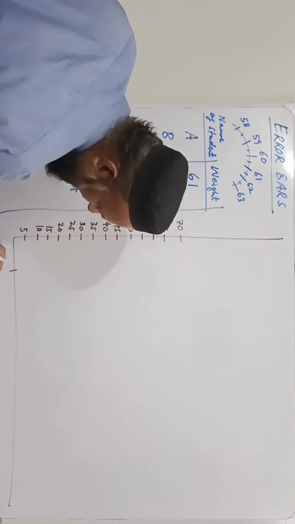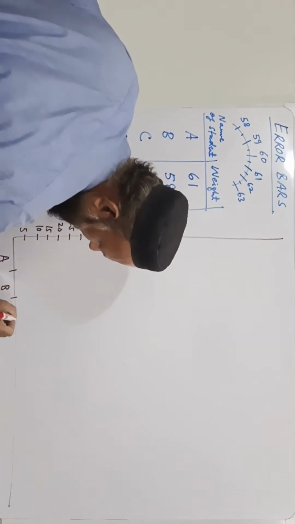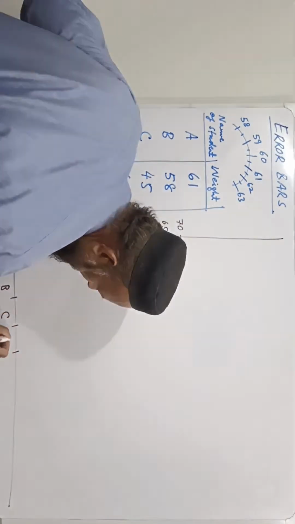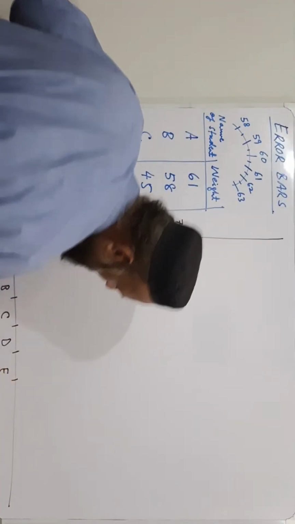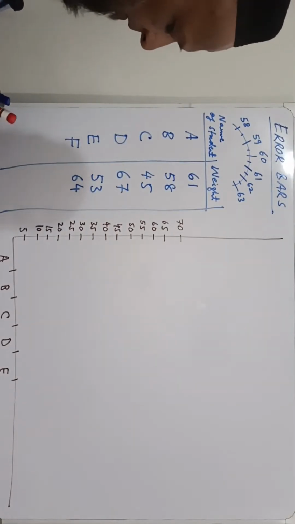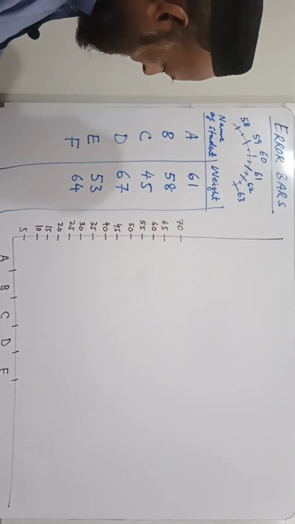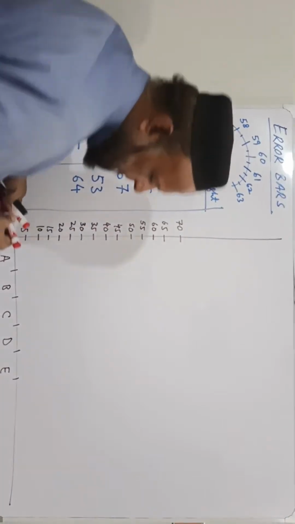So this is say for A, this is for B, this is for C, D, and say E. Okay. For A, we have to mark, and then we have F also. Okay.